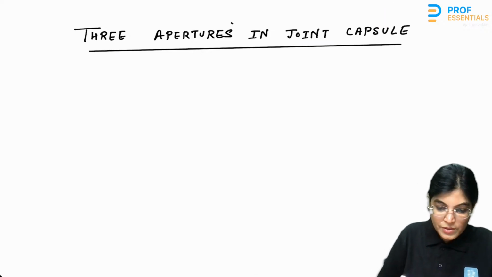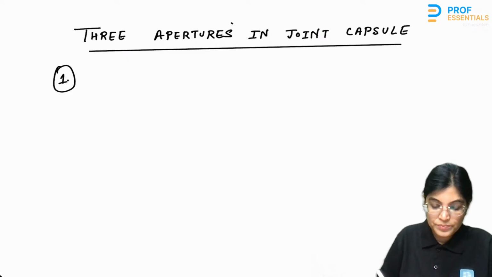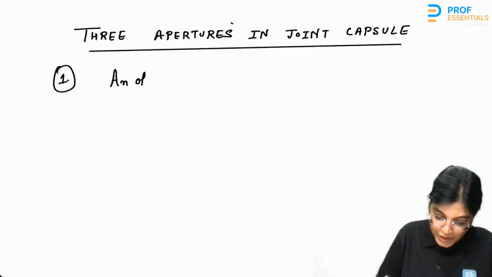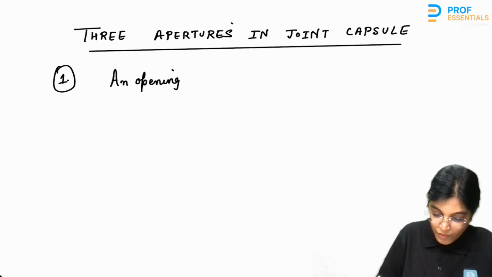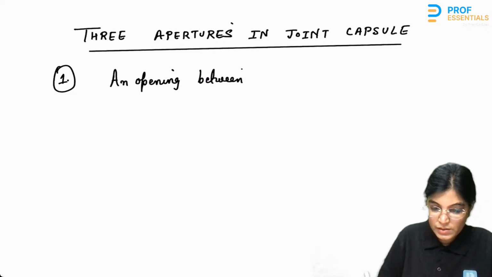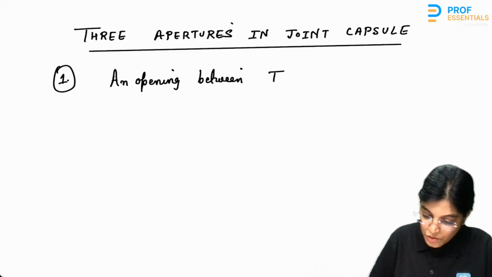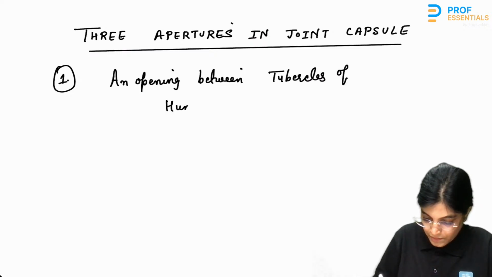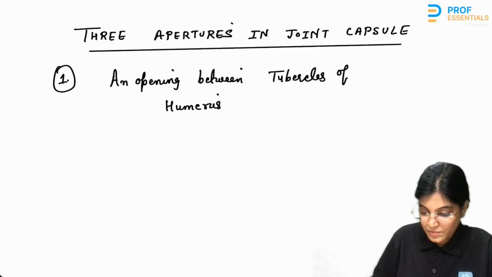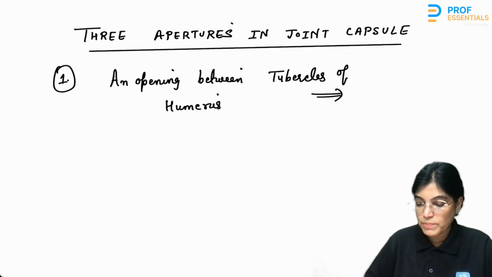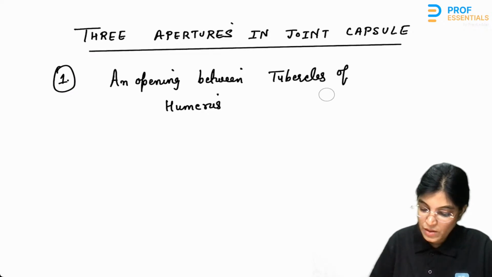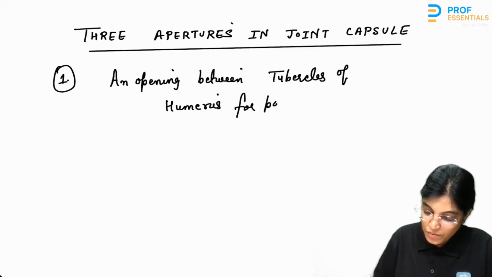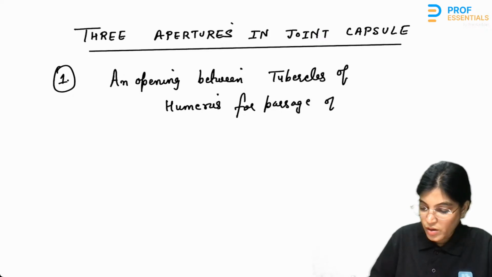The first aperture is an opening between the tubercles of the humerus bone, for the passage of the long head of biceps brachii.